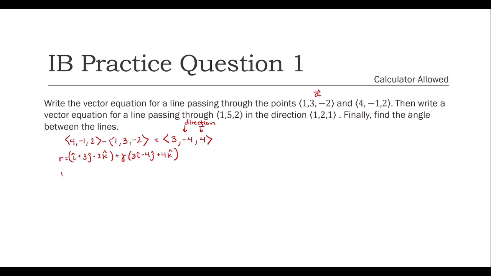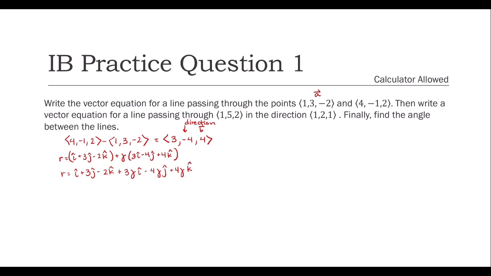So then we have r equals i plus 3j minus 2k plus 3 gamma i minus 4 gamma j plus 4 gamma k.